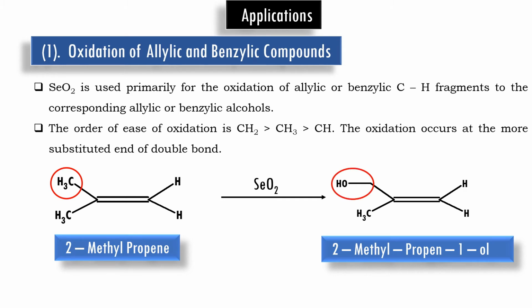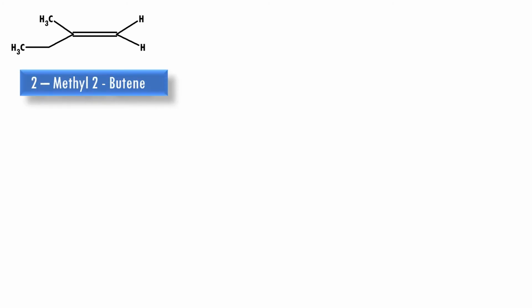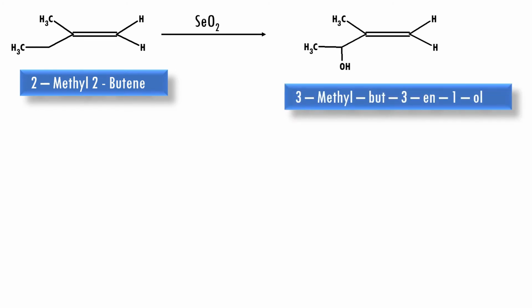Second example is 2-methyl-2-butene. When this undergoes oxidation in the presence of selenium dioxide, it is converted into 2-methylbut-3-en-2-ol. In this oxidation, the CH2 group is oxidized into a CHOH group.